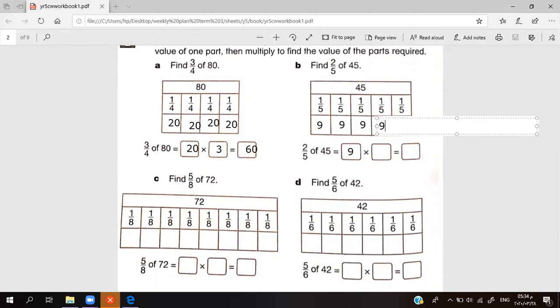Because when I divide the 45 into 5 parts, each part is going to be a 9. So now I got the 1/5 as 9. And I said after I get the 1/5 I will multiply it by the number up in the numerator. It's 2. So 9 times 2 because he wants 2/5 not 1/5, which is 18.